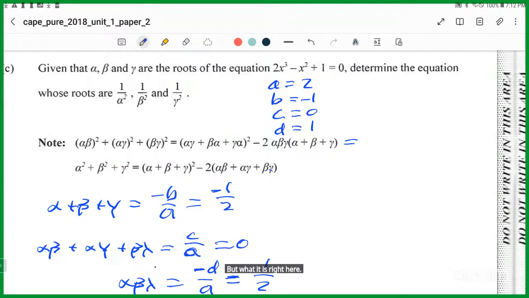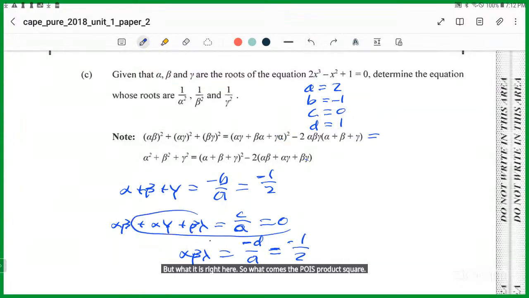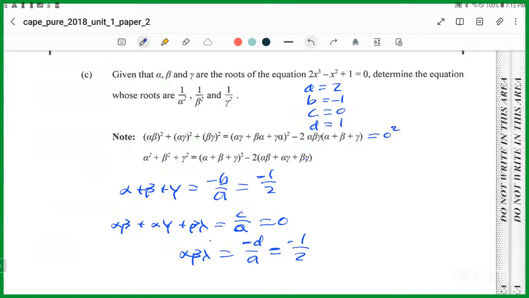So it becomes the pairwise product squared, and the pairwise product is 0, so that's 0 squared, minus 2 times the product of the three roots, which is minus half, times the sum of the three roots, which is another minus half.